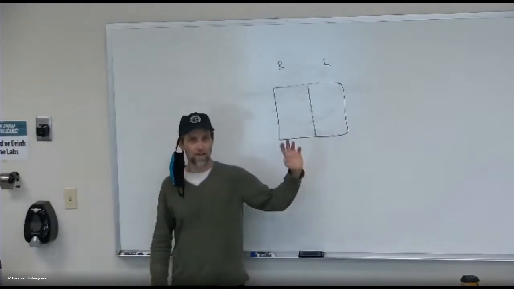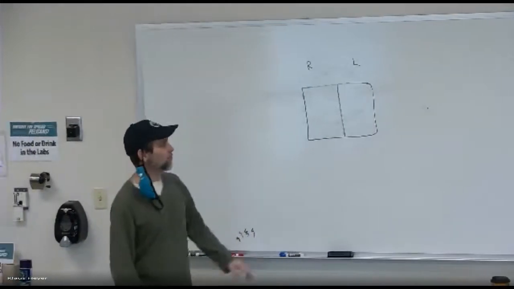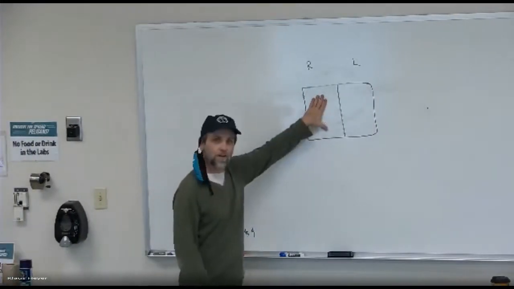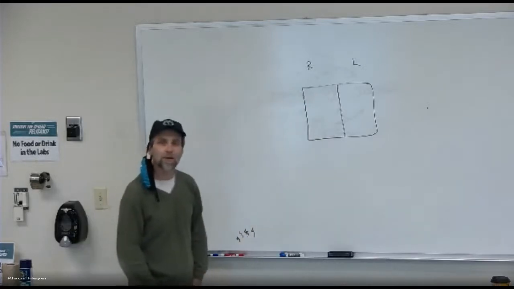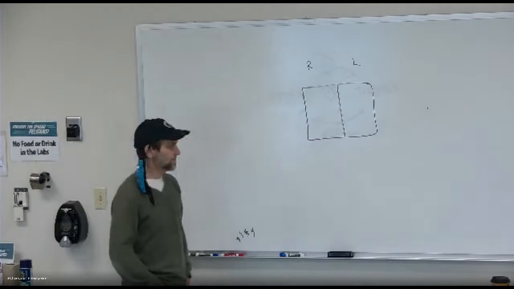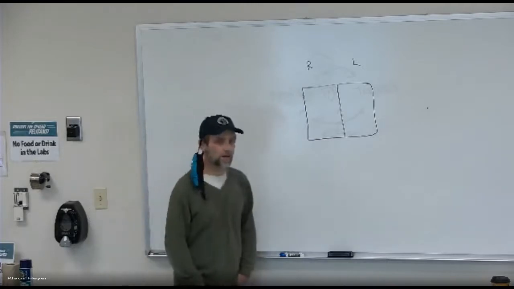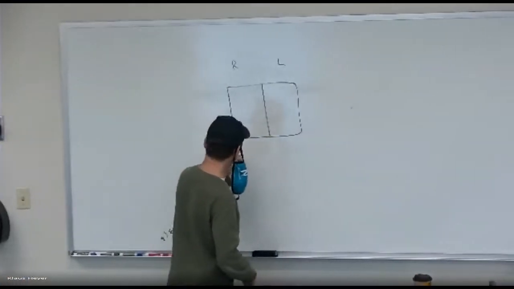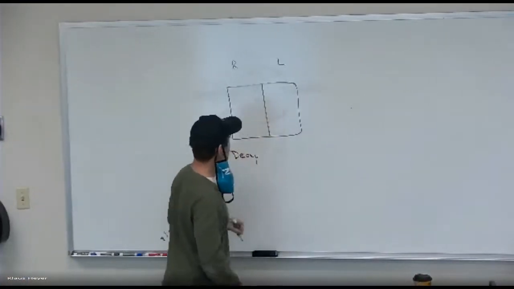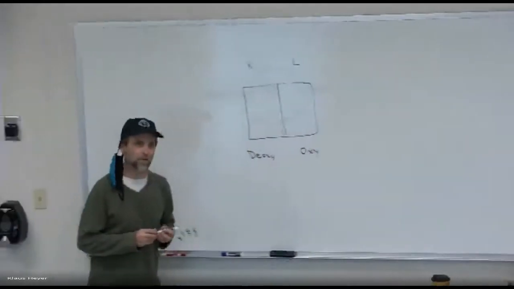So this is my left side, this is my right side. The right side of the heart is only going to deal with deoxygenated blood, at least once you're born. The right side of the heart deals with deoxygenated blood only. And then by process of elimination, the left side of the heart deals with oxygenated blood.